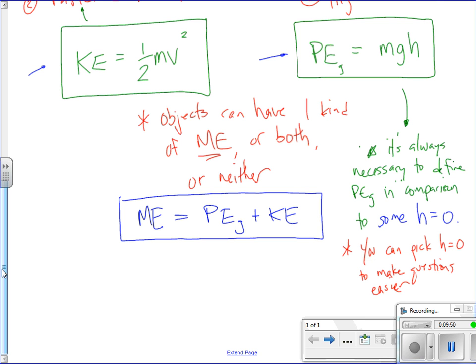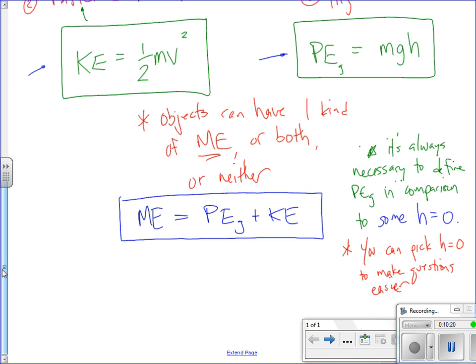Well, I've defined for you where 0 height is. But if I just said, hey, what's this bowling ball's gravitational potential energy, that's not a great question. You could say, well, if I call the height that it's at right now zero height, then its gravitational potential energy is zero. Easy, right? I don't even care what its mass is. So there will be times where you get to pick the zero height. All right? Keep your eyes peeled for those.